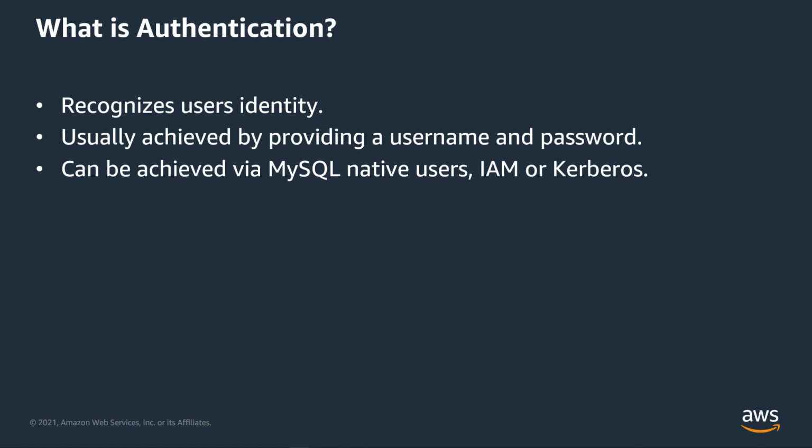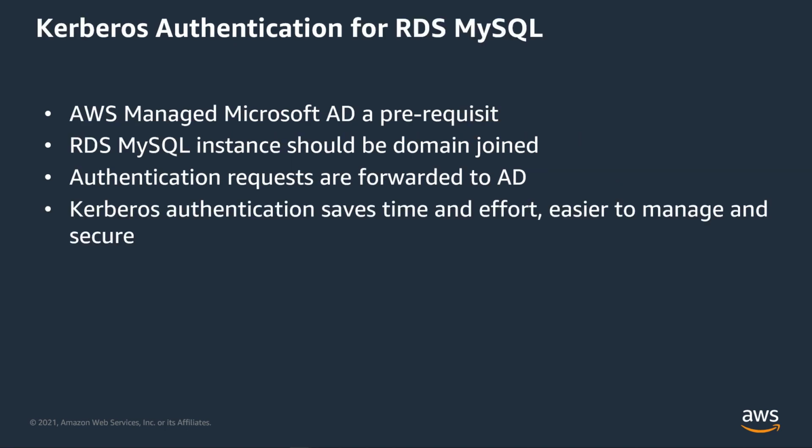For the scope of this video, we will only discuss the process of authentication and see how we can authenticate to an RDS MySQL server using Kerberos and managed Microsoft Active Directory. To enable Kerberos authentication with RDS MySQL, we have to use AWS Directory Services for Microsoft Active Directory, also referred to as AWS Managed Microsoft AD.